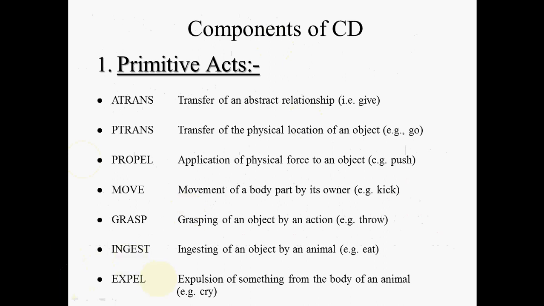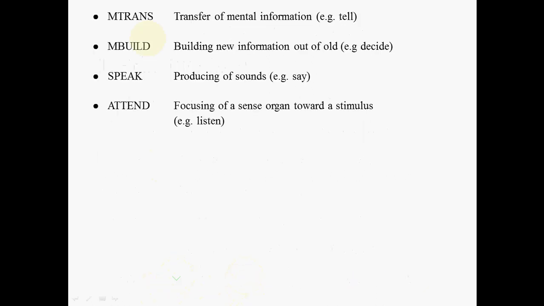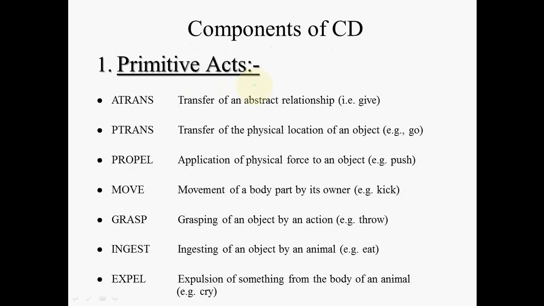Expel, it is expulsion of something from the body of an animal, in general cry. But there is also another thing, that is speak, producing of sounds. I said speak, but when I say producing of sounds, is it also not expulsion of voice or expulsion of sound from the body of an animal?